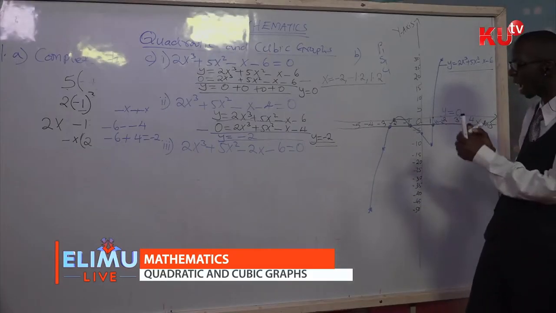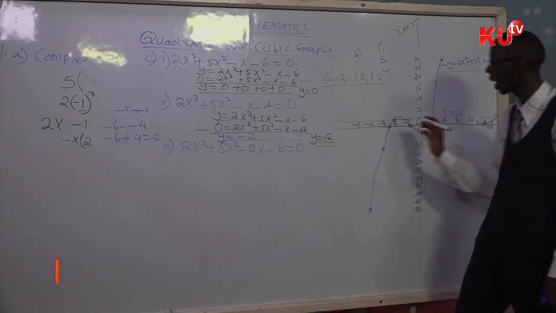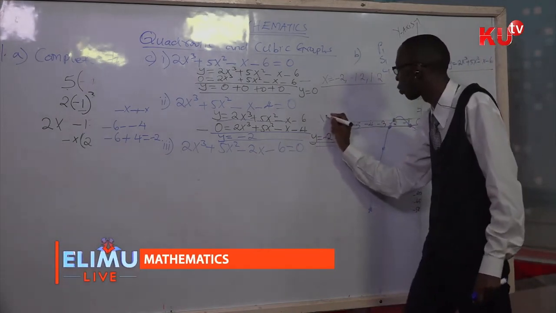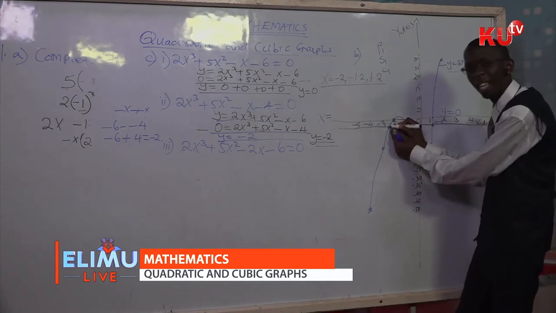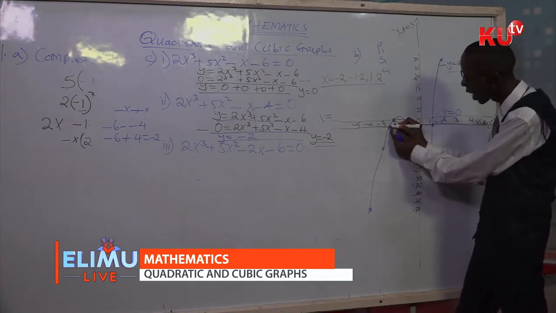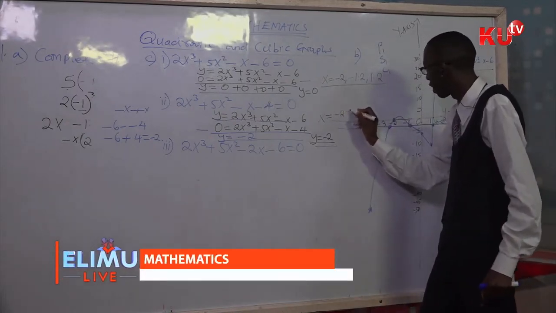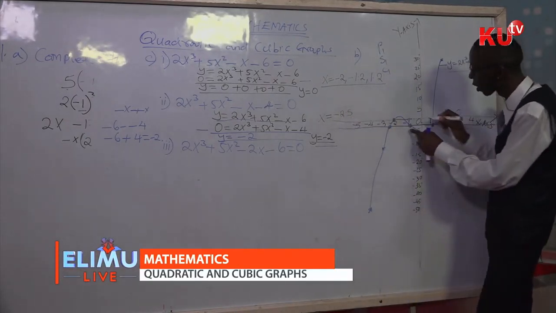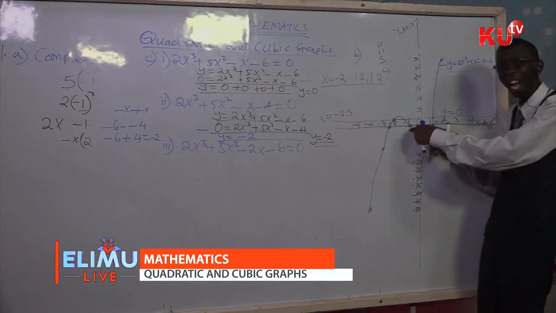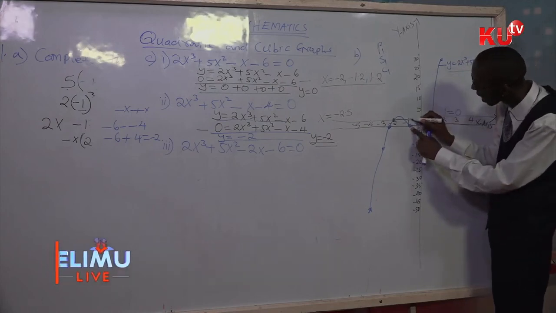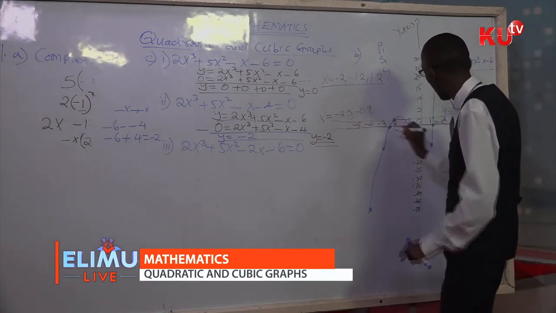Read 3 values of x where the graph touches the line y is equal to negative 2. So our values of x will be, let me read mine. It meets the line y is equal to negative 2 here. So mine is negative 2.5. Another point where the line y is equal to negative 2 touches the graph is here.